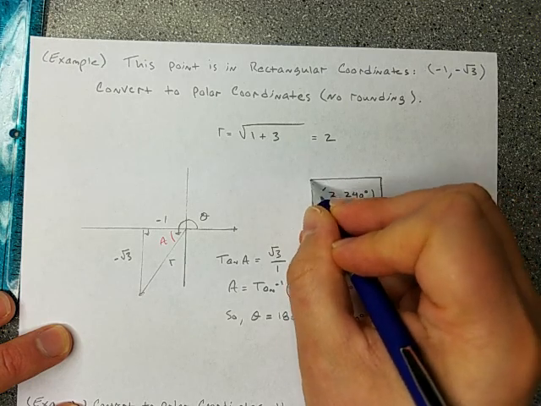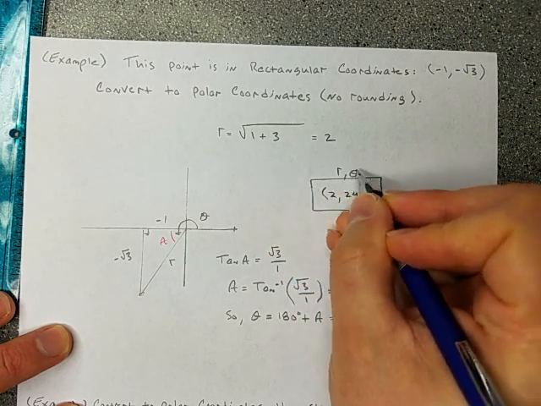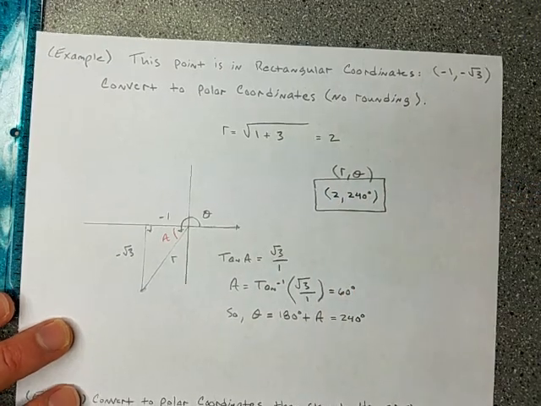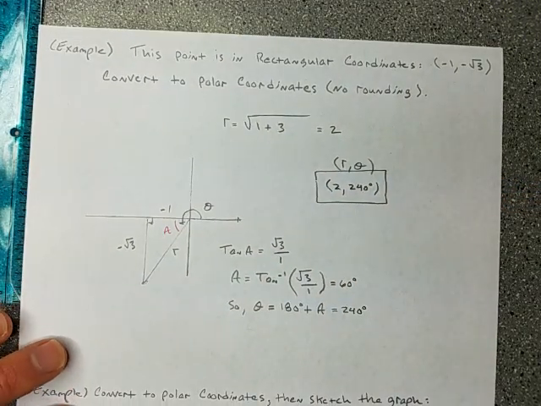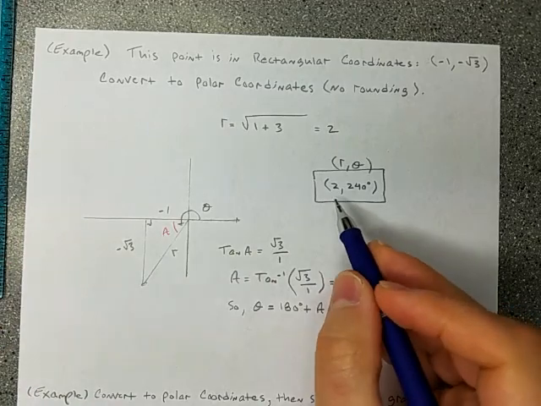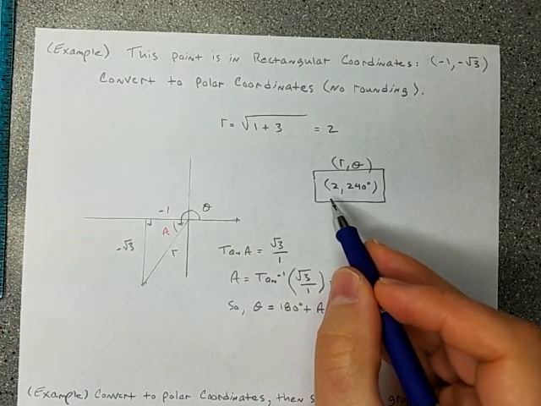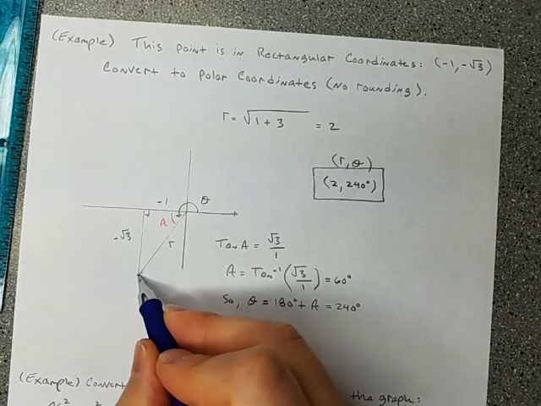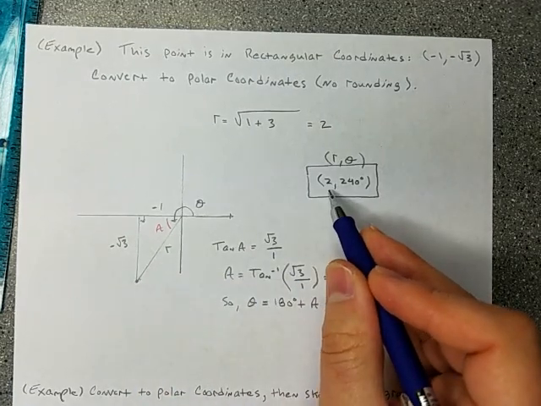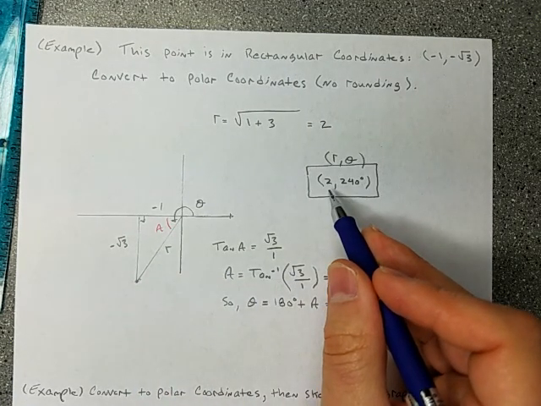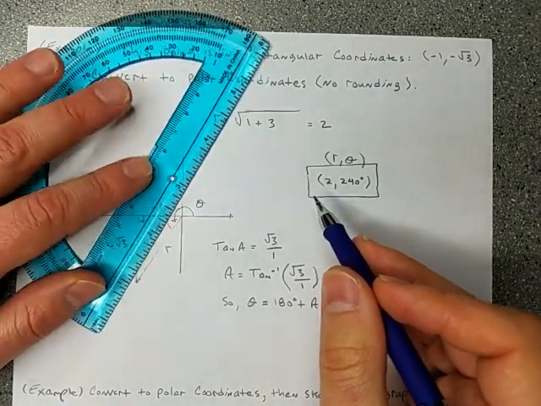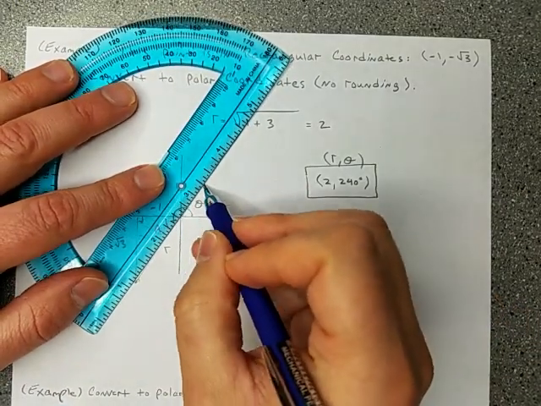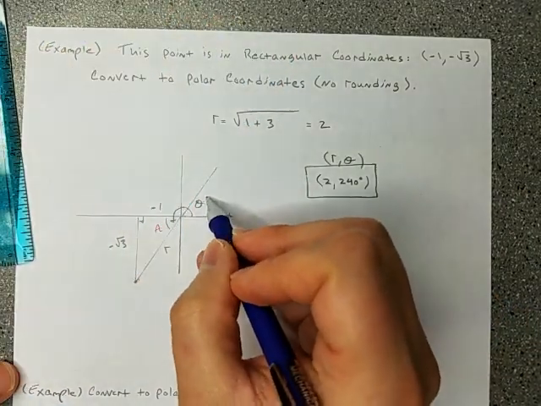What if you need to give that in radians? Well, it's not hard to convert that to radians. Is there any other way that we could give this point? Maybe with R being negative? Think about that. How can we get the same point, but specify that R is negative? What's this angle right there?